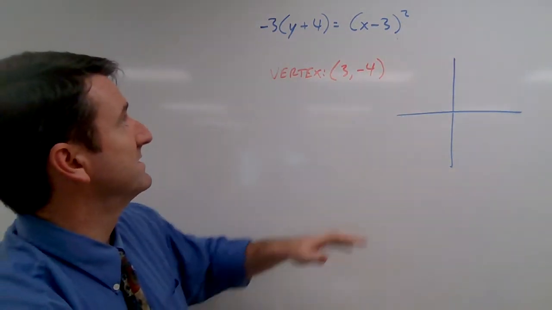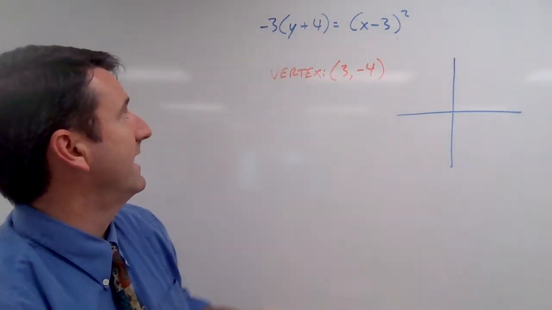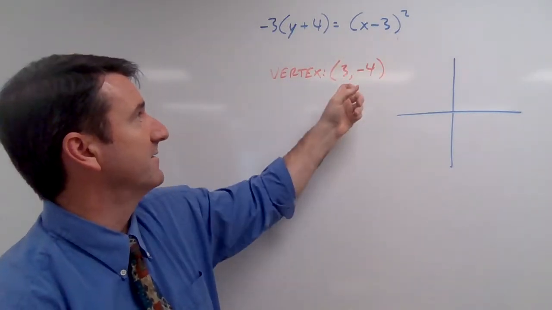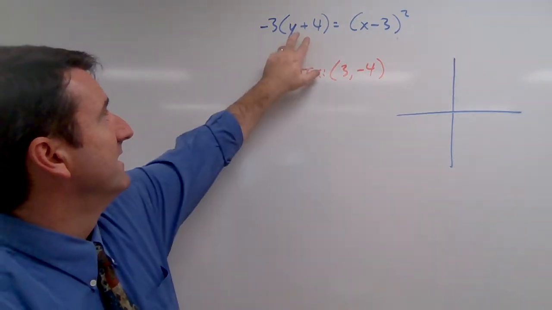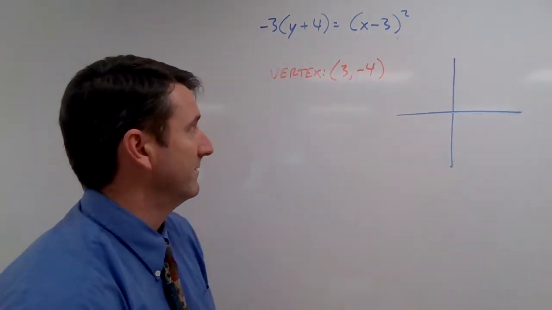What are we subtracting from x? That goes here. What are we subtracting from y? That goes here. And so you're always going to be changing the signs here. This is a -3, so our x-coordinate of the vertex is going to be +3. This is a +4, so our y-coordinate is going to be -4.